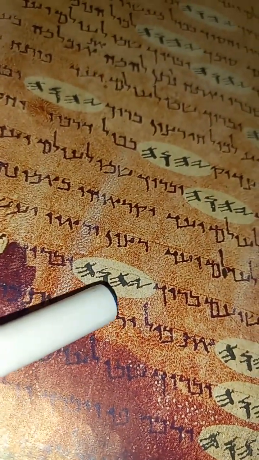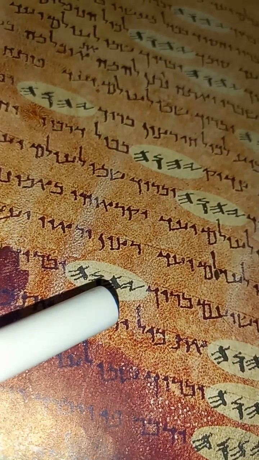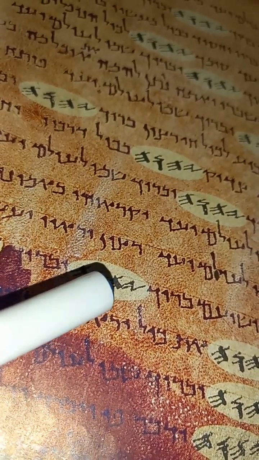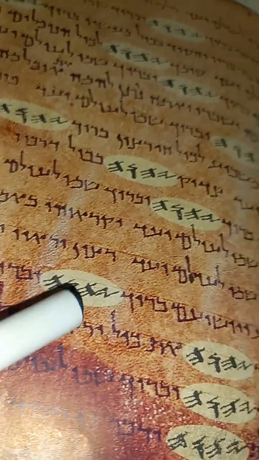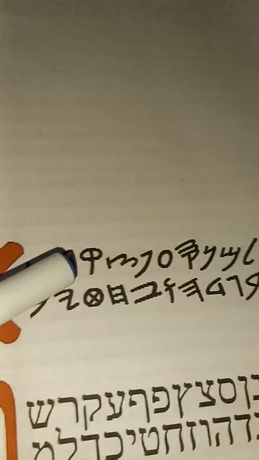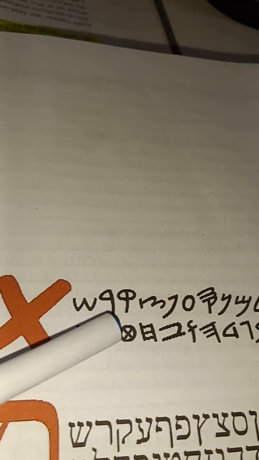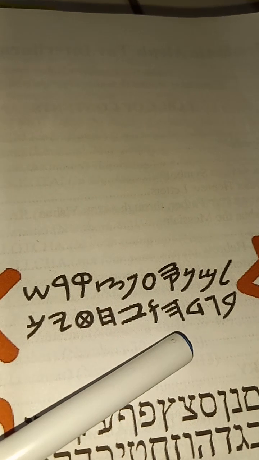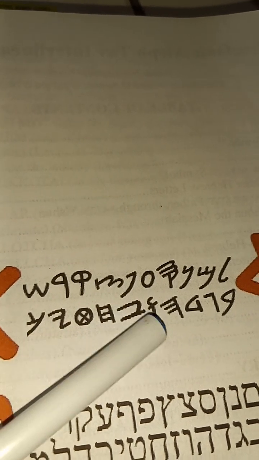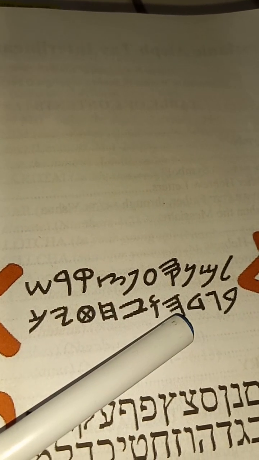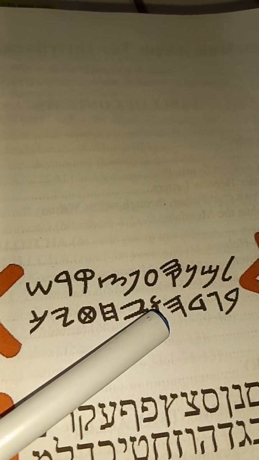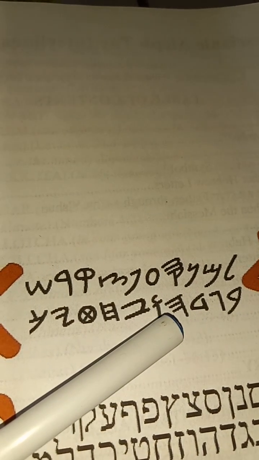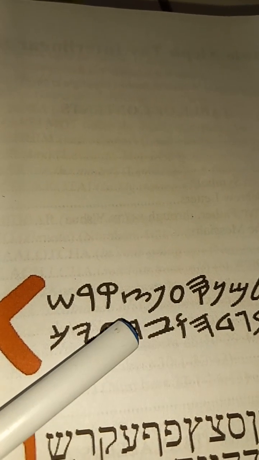So if it's this kind of Hebrew, the letters are this type over here. You see? Y, H, W, H. So now we have the Tetragrammaton.